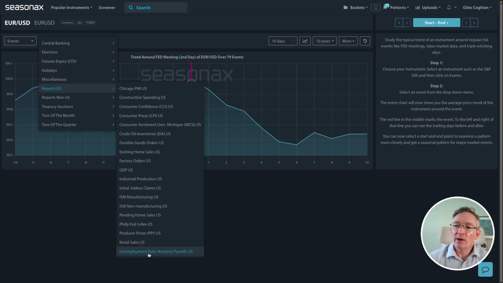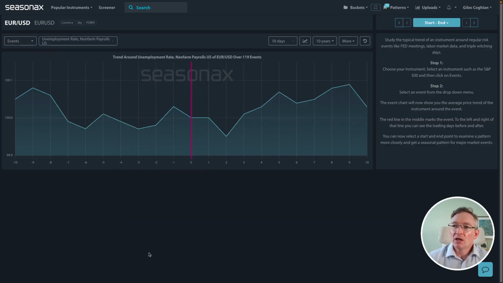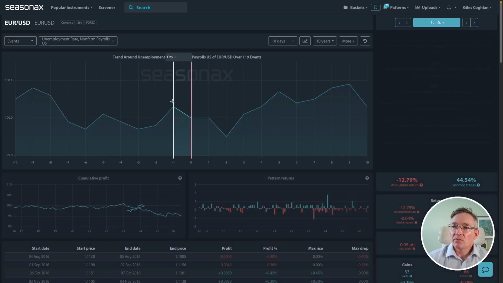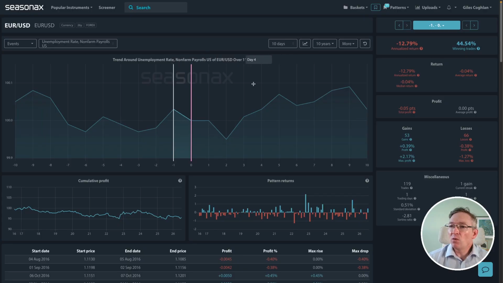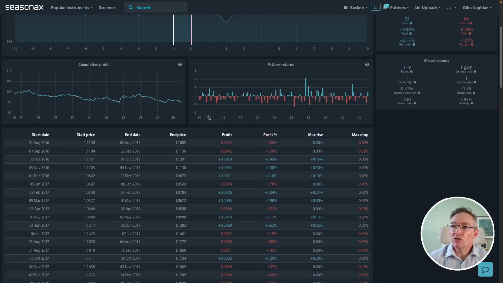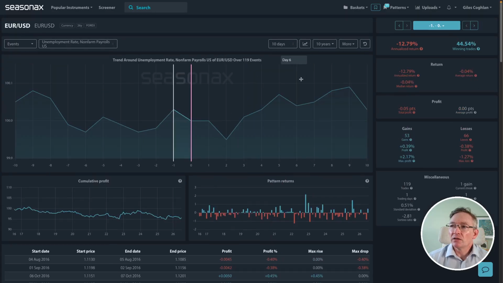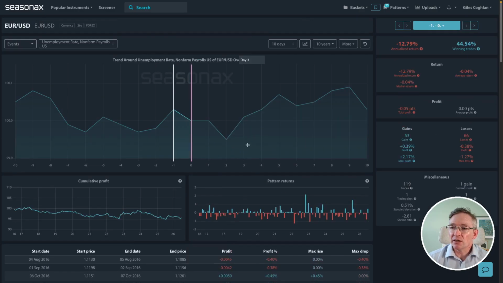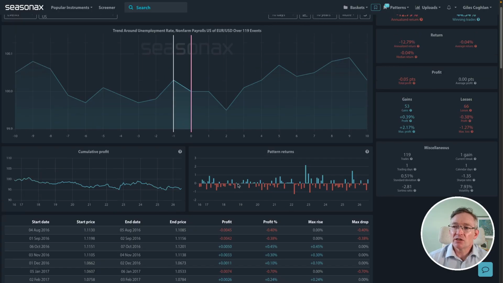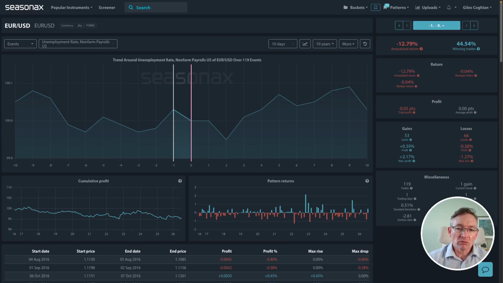So let's look at the US non-farm payroll. And straight away you can see, on the day of the US non-farm payroll, all the moves in the euro dollar over the last 10 years in every single non-farm payroll print. You can see the maximum gains, losses, and the overall result.